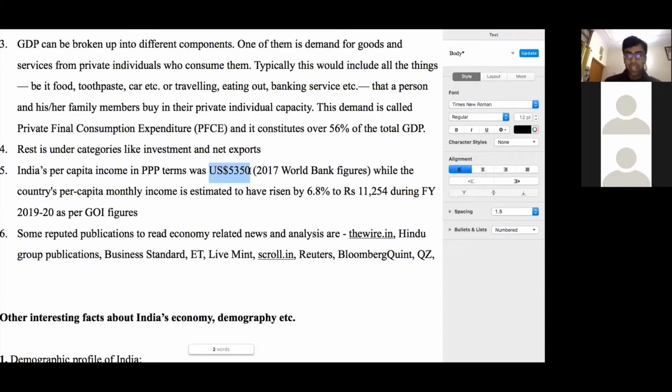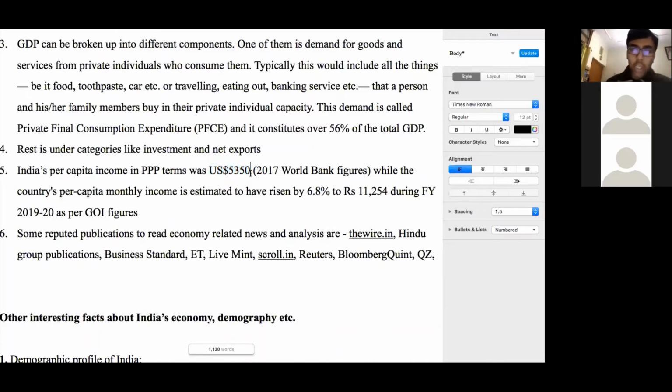But this is in PPP terms. So what GDP figure are we going to divide? We are going to divide 9.5 trillion or whatever that PPP figure is by 1.4 billion. So this is the figure.